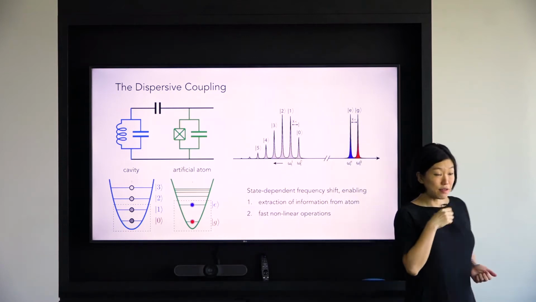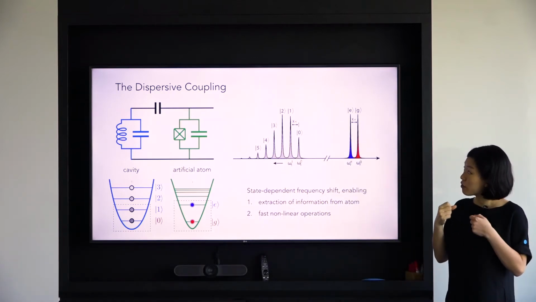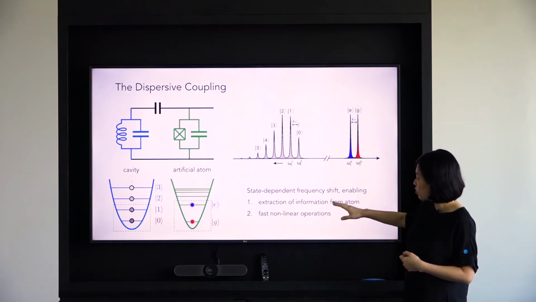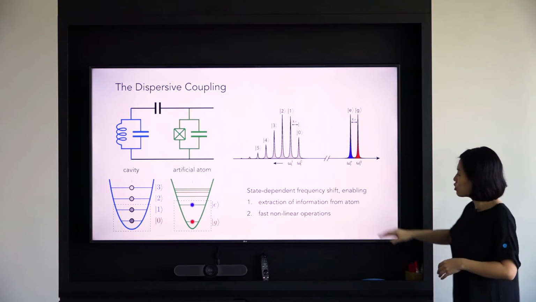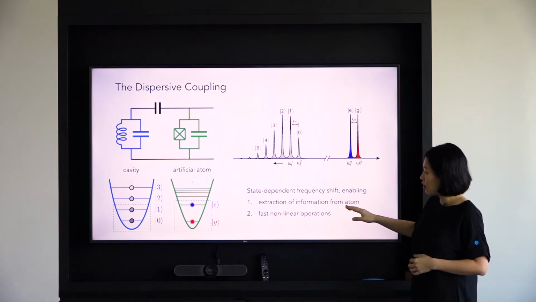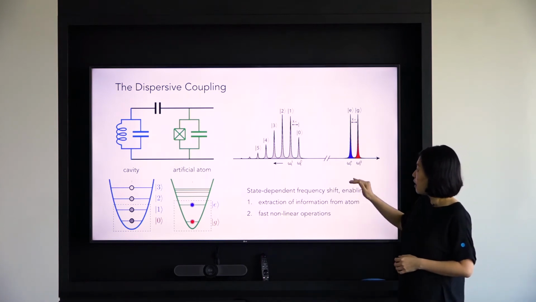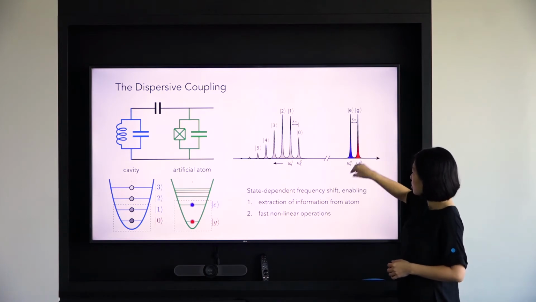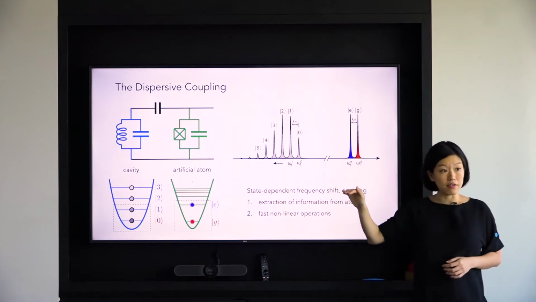Okay, so that's very convenient, because using this very simple coupling mechanism, we can achieve two out of very many other things, but two very important building blocks, which is basically effectively, very efficiently extracting the information about the artificial atoms through the cavity mode.